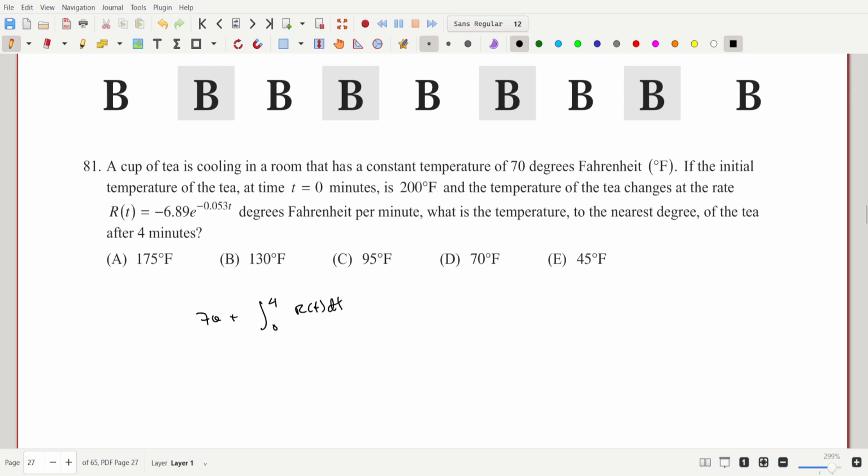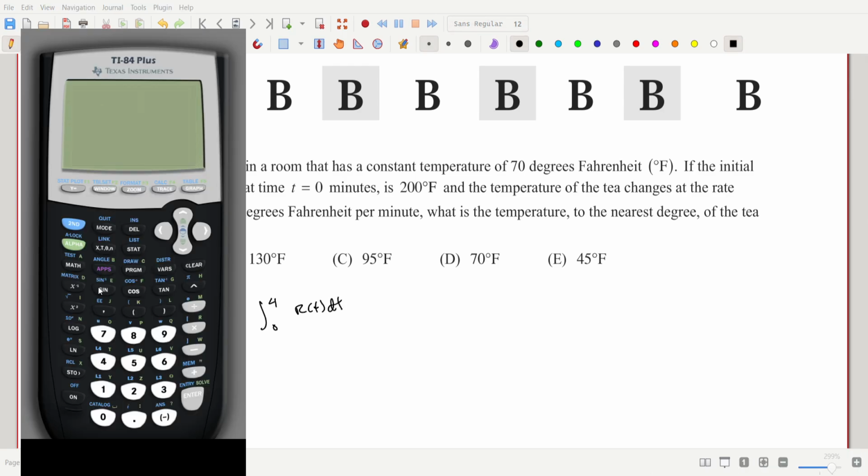So I'm going to pull up my calculator. Just go in your calculator and dump this in. 70 plus math 9, integral 0 to 4, r of t, negative 6.89 e to the negative 0.053 x, dx, not times x, dx, like that.